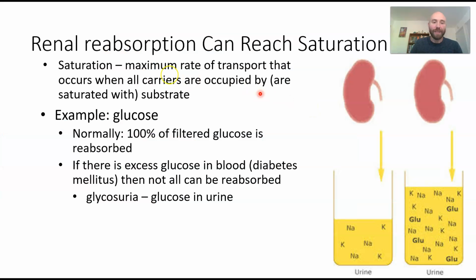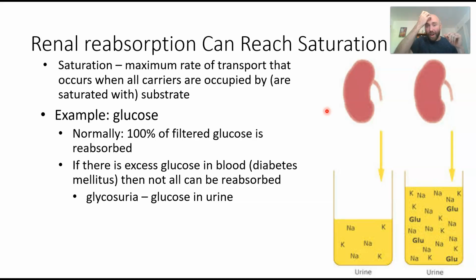And so that means that renal reabsorption can reach saturation. If we remember way back to membrane dynamics, especially the lab that we did, saturation is when a maximum rate of transport occurs and all of the carriers are occupied or saturated with the substance.